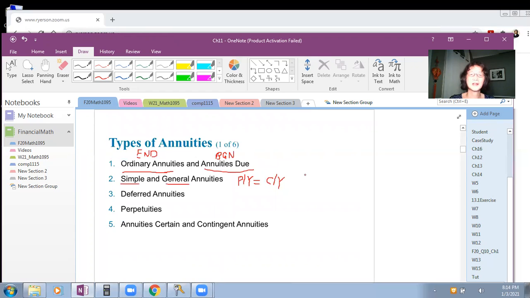And if they are not equal, that is the general annuity.